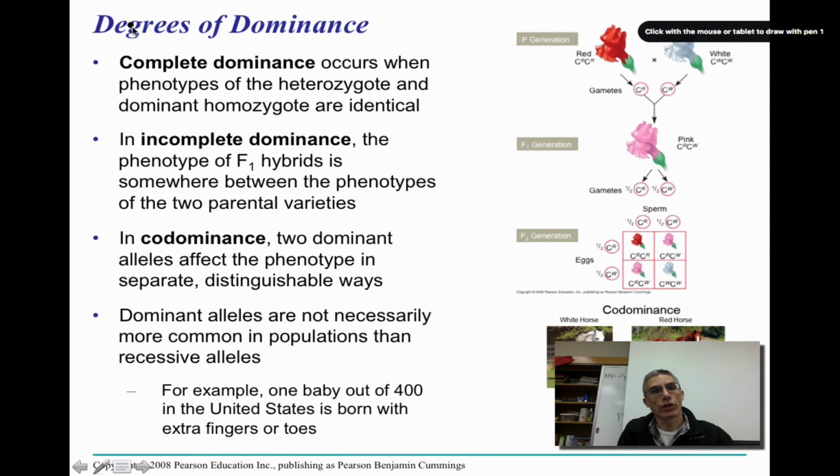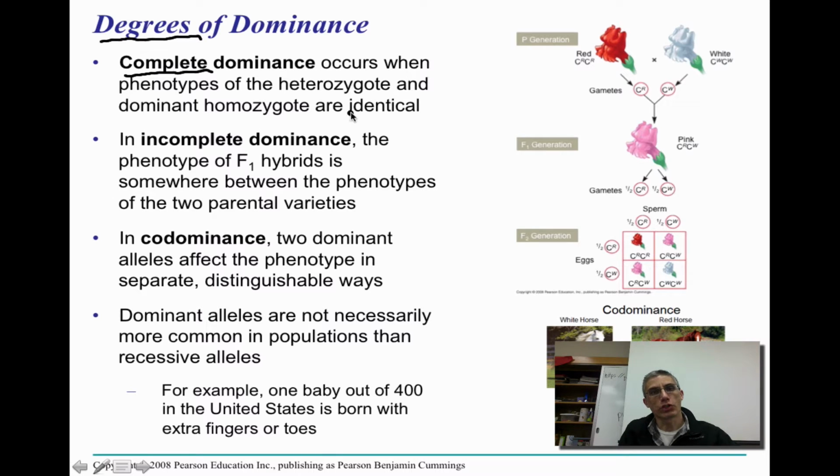The very first thing we're going to do is talk about the degrees of dominance, and we have 3 different examples of this. The first one we're looking at is called complete dominance. This is represented when you have a heterozygote individual, one that has both a capital and a lowercase letter, and a homozygote individual, having both capital letters.